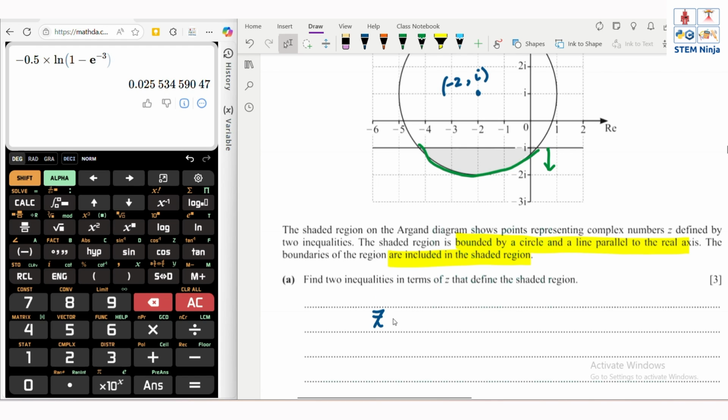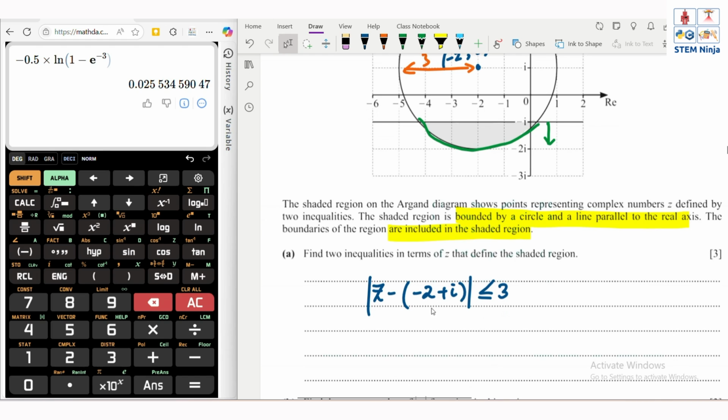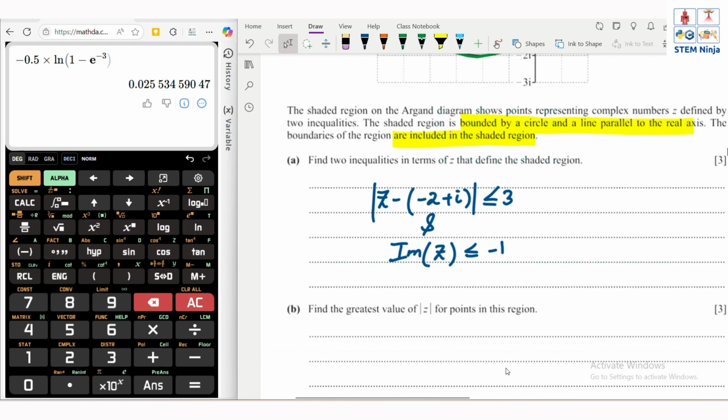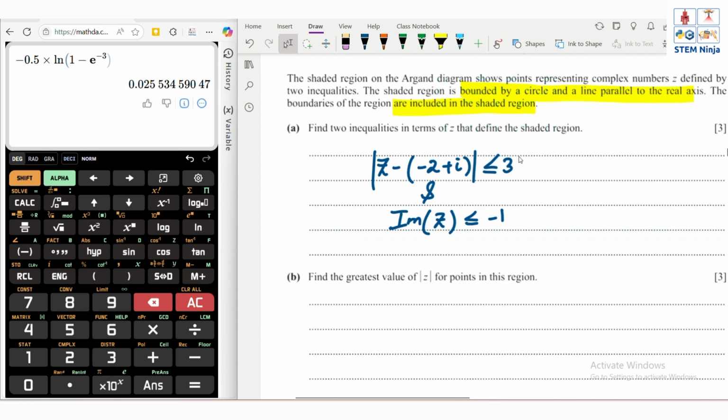So the modulus of z minus (-2 plus i), and the radius is 3 units, so less than or equal to 3, and the imaginary part of z is less than or equal to -1. That's it. You could, however, rewrite it in this form also: modulus of z plus 2 minus i less than or equal to 3.